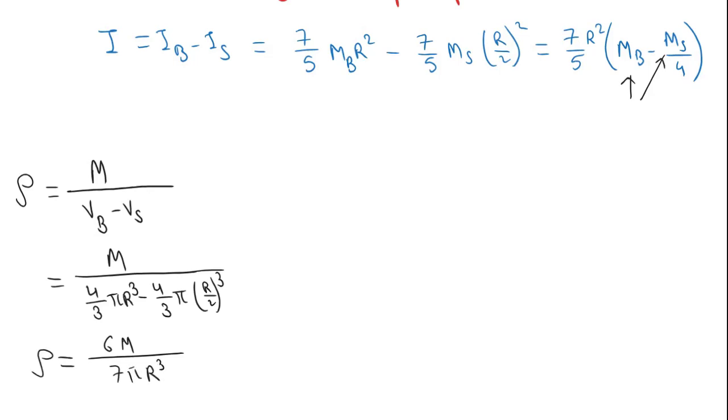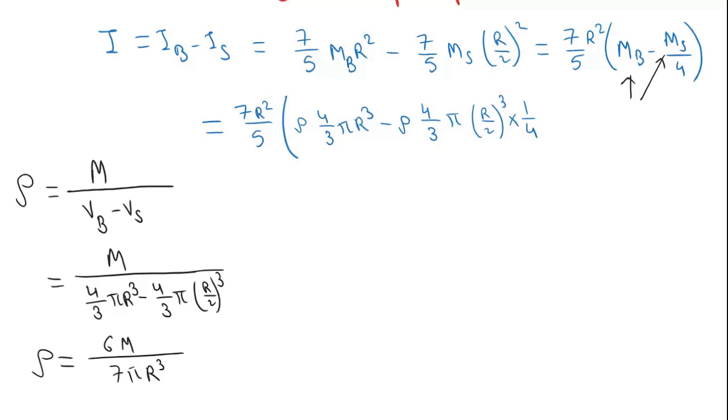And this is the rho we'll be using, which simplifies the above expression as 7r squared by 5 rho times 4 by 3 pi r cubed minus rho times 4 by 3 pi r divided by 2 cubed, and then again we have 1 by 4 here, which gives us 7r squared divided by 5.